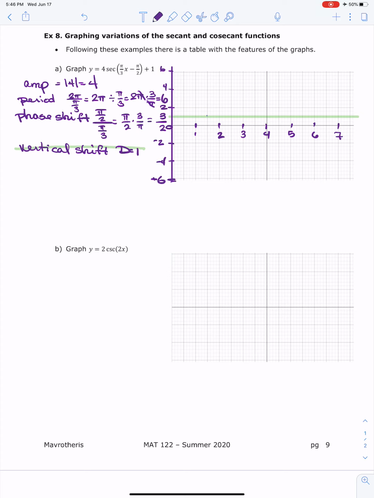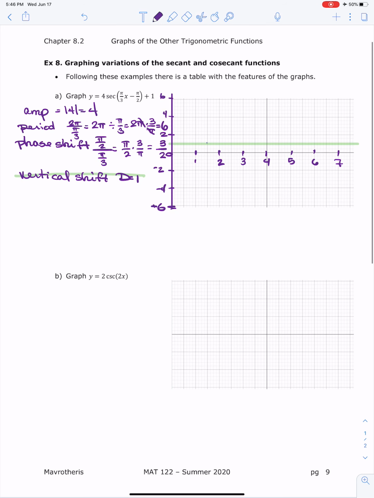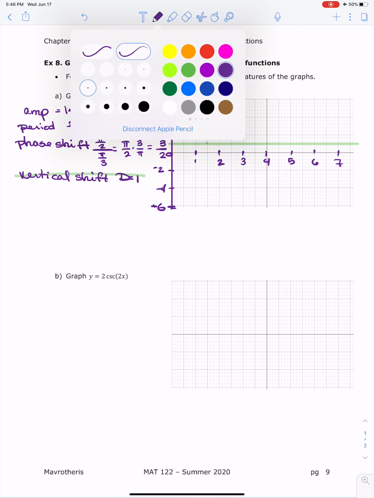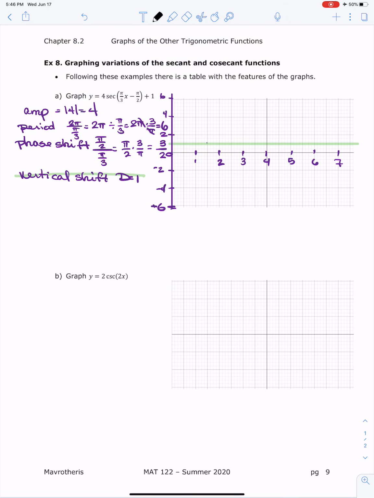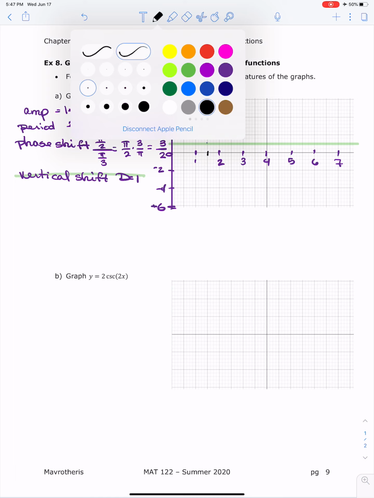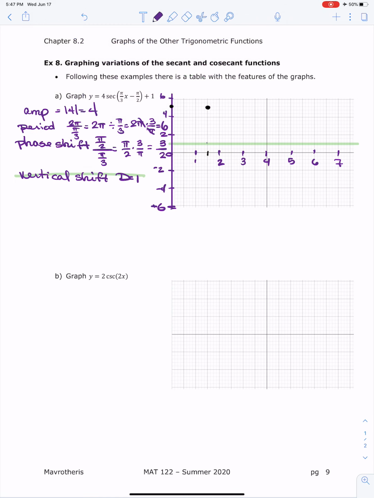Okay, so we know that if we did not transform this at all, our 0, my x would be 4 above that shift. So up here at 5. The whole thing is getting shifted 3/2. So that's going to be my starting point. I'm going to go back to what we talked about when we were graphing sine and cosine, and that's those important points.